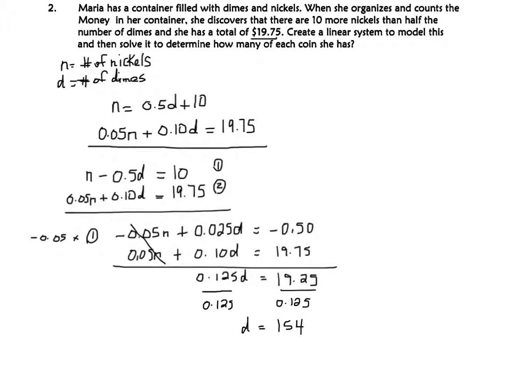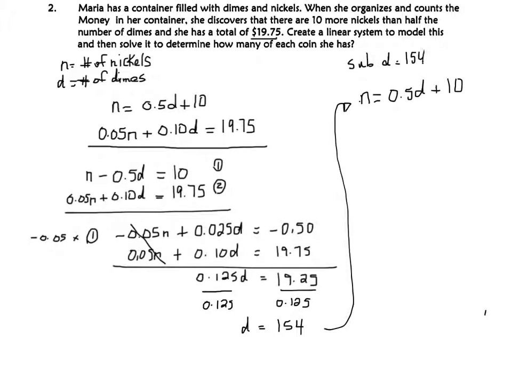So there's 154 dimes, and then you want to go back to one of your given equations, and the easiest one to go back to get nickels is that very first equation we wrote down, n equals 0.5d plus 10. So we're going to sub d equals 154 into this equation here to get the n value.